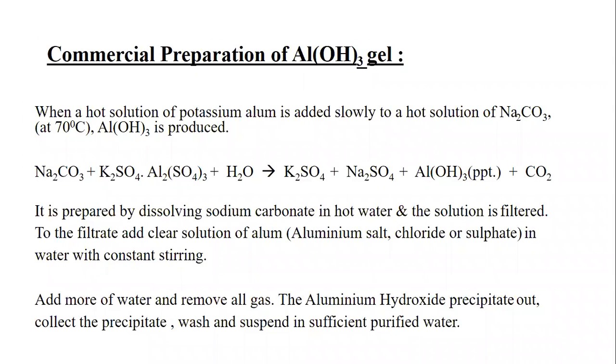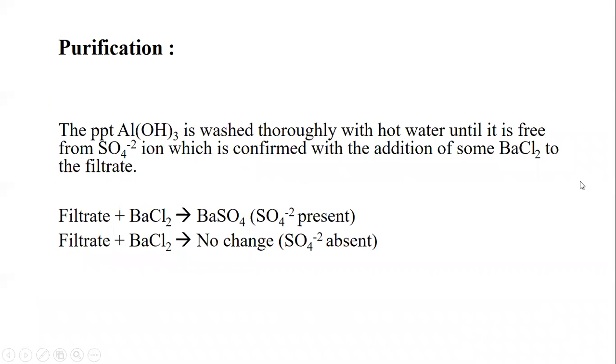The aluminium hydroxide which has precipitated out, you are going to collect, wash and suspend in sufficient purified water. It is hygroscopic in nature, that is it absorbs water from the atmosphere, so you suspend it in purified water so that it does not decompose or deteriorate. So this is how aluminium hydroxide gel is prepared.